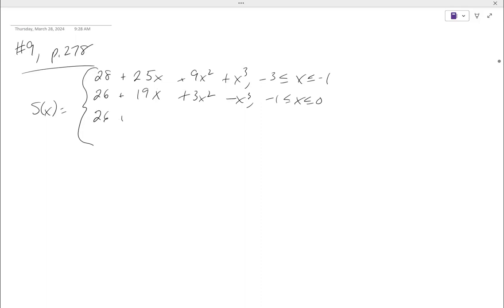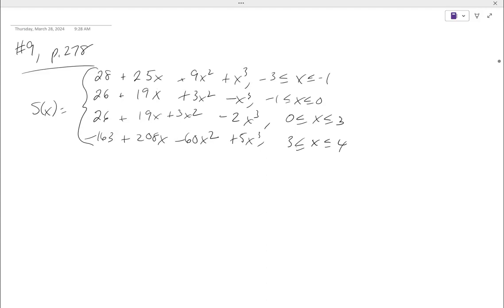Next piece is 26 plus 19x plus 3x squared minus 2x cubed. That goes from 0 to 3. And the last piece, -163 plus 208x minus 60x squared plus 5x cubed. And that goes from 3 to 4.